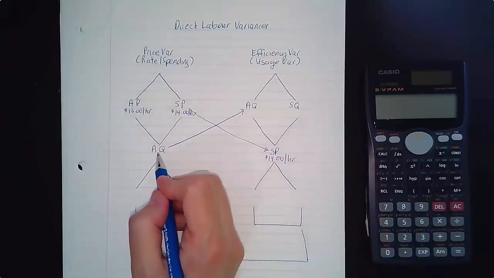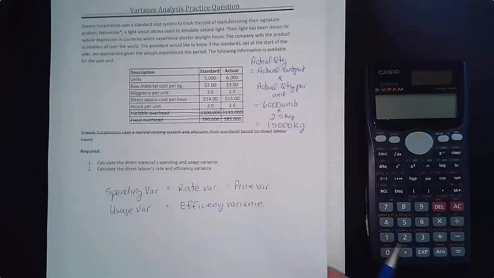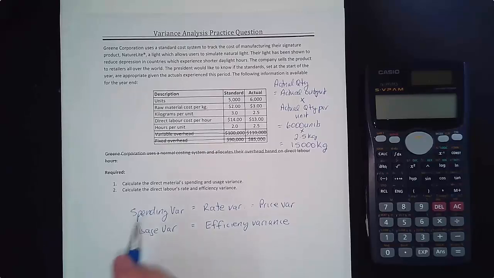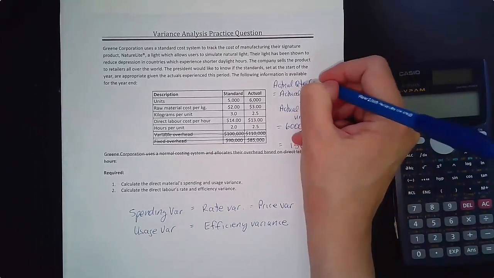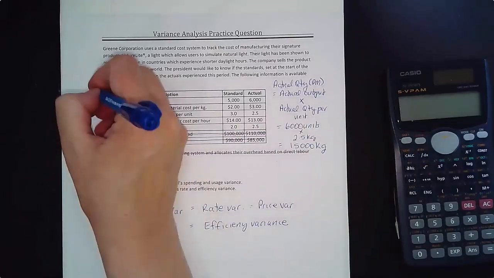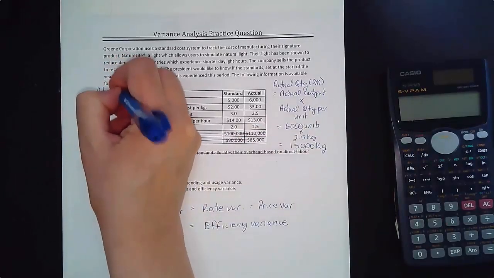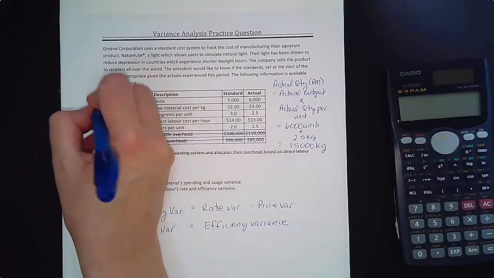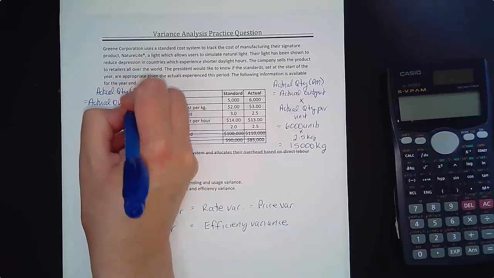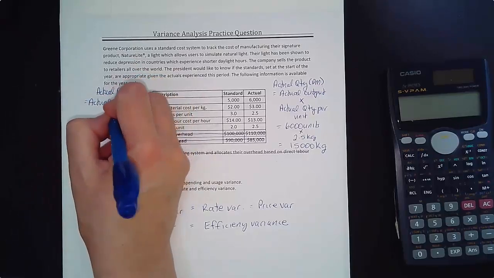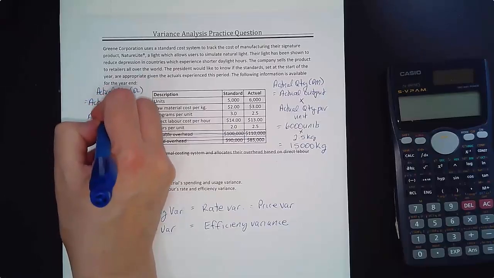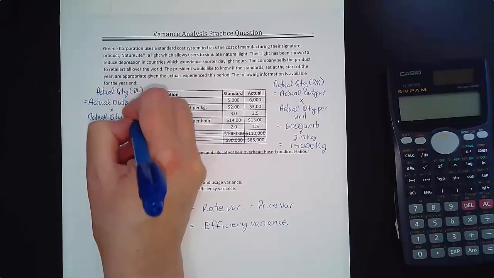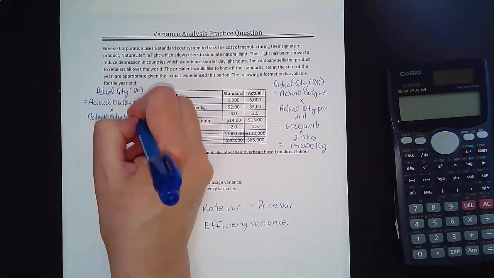What's my actual quantity of hours worked? Sometimes that's provided in the question. In this case, not. So how do I calculate the actual quantity? This was the actual quantity for the direct materials, but I want the actual quantity for the direct labor. So this is going to be equal to my actual output, the number of units I actually produced, multiplied by the actual quantity in hours per unit.